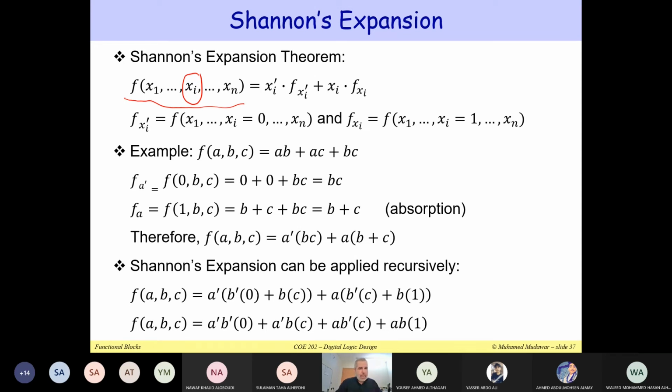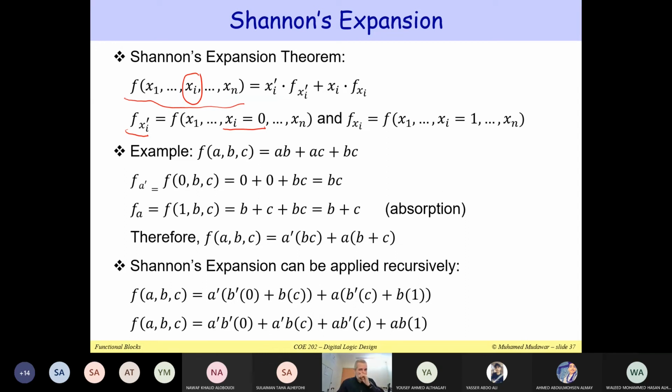You can choose any variable xi, and you can expand it using this xi. So when xi equals 0, the value of the function will be f sub xi prime. So you substitute xi with 0, and you expand it, and you get an expression of the function when xi equals 0.